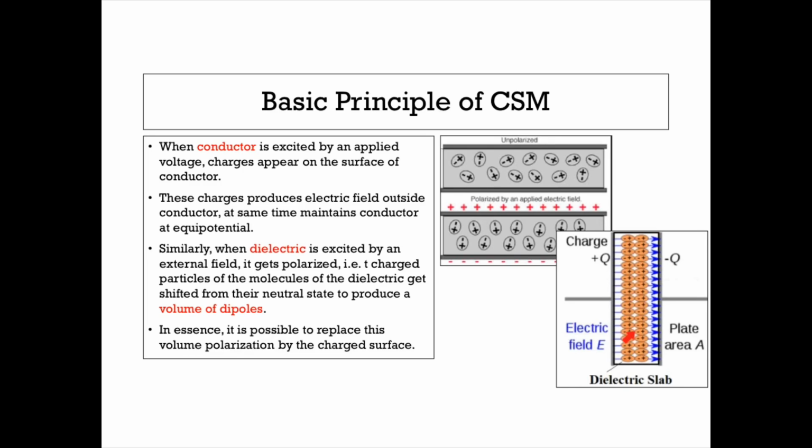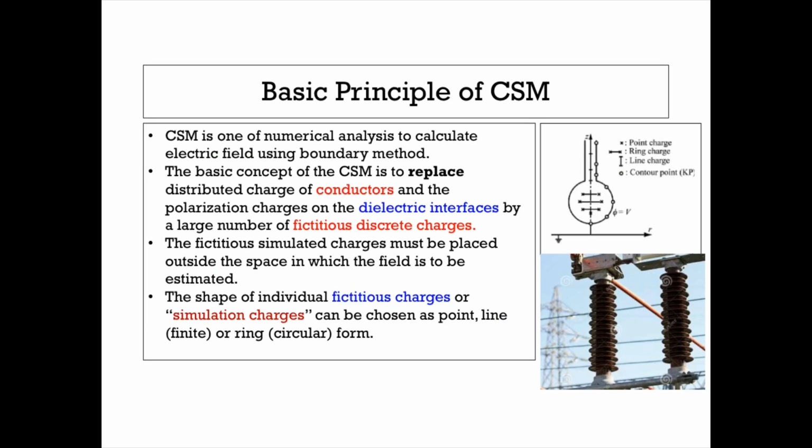So we can replace the dielectric present inside this capacitor by fictitious charges representing this dielectric slab. So in the charge simulation method, the idea is to replace the electric field setup in terms of fictitious charges or simulation charges.